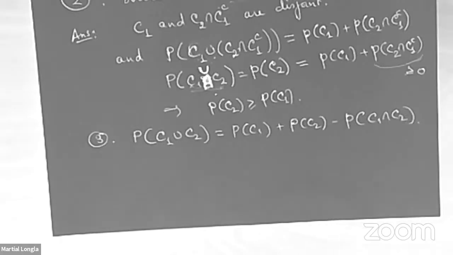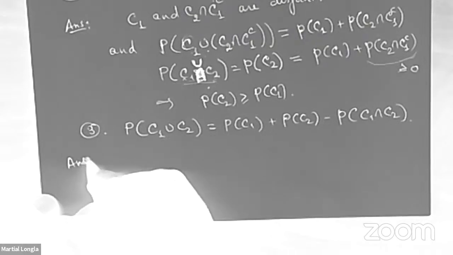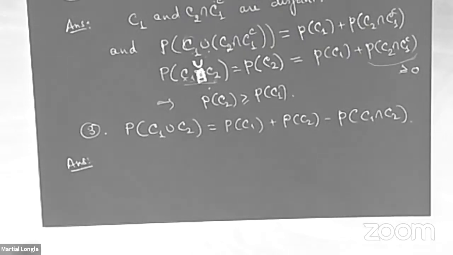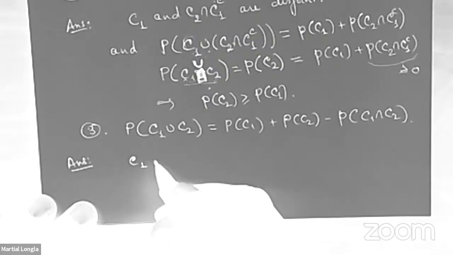We use the same principle as in the previous one. Yeah. And what does that mean for the text? The same text that we just used. How do we get the elements that are in C1 union C2?